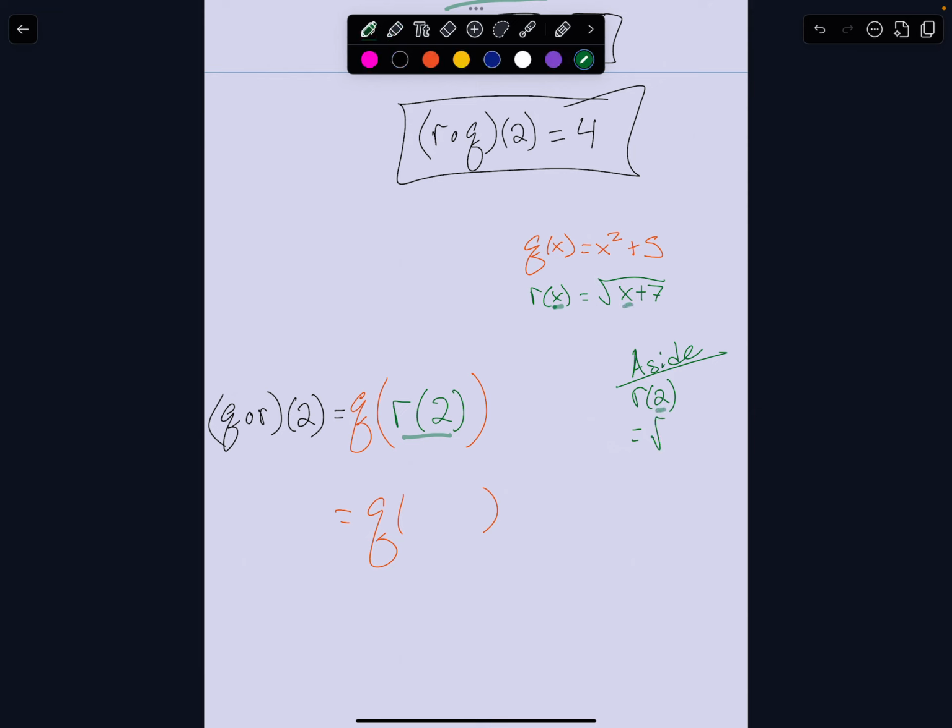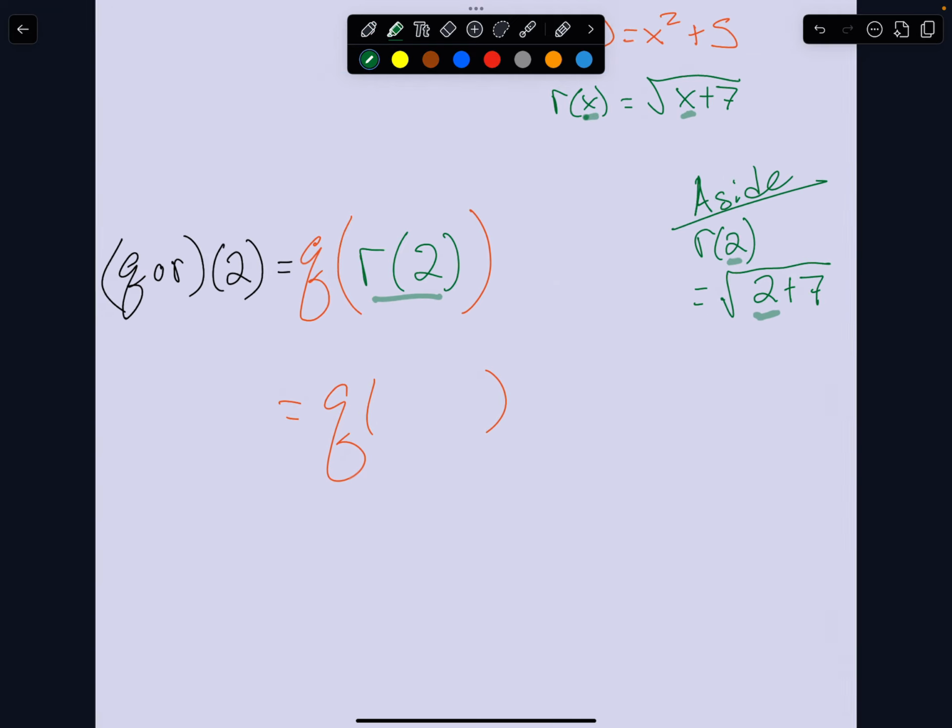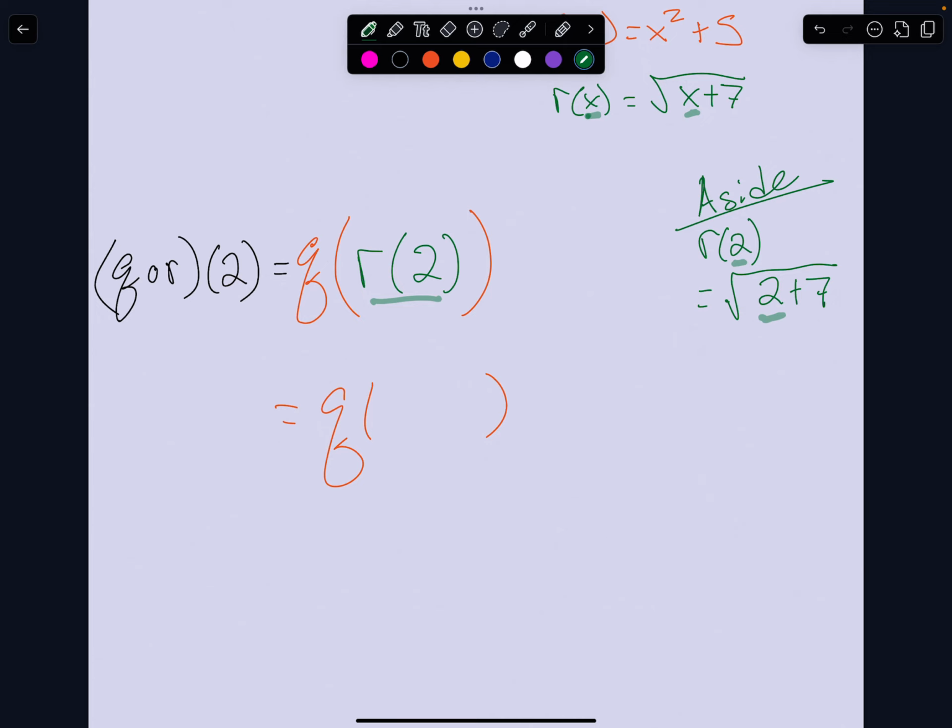So I'm going to have the square root of 2 plus 7. Okay, and then that will equal the square root of 9, which is 3. So I know that r of 2 is in fact 3, so I'm going to take r of 2 and replace it with 3.